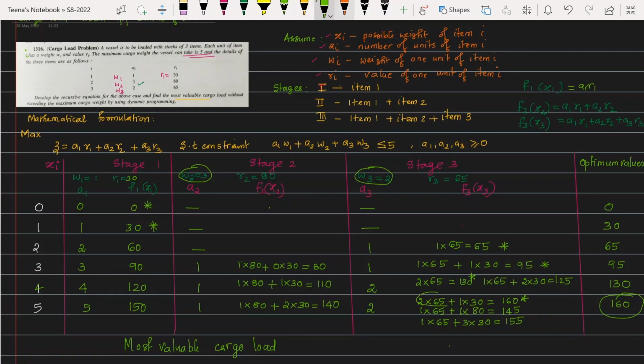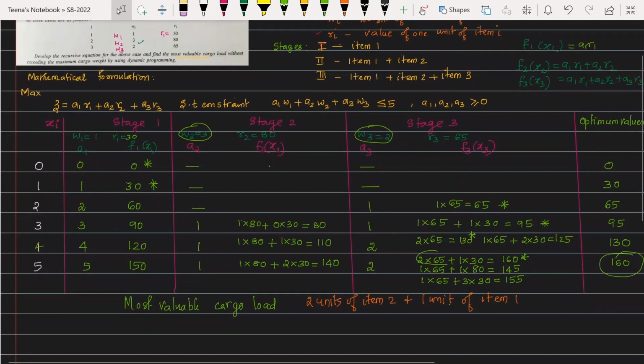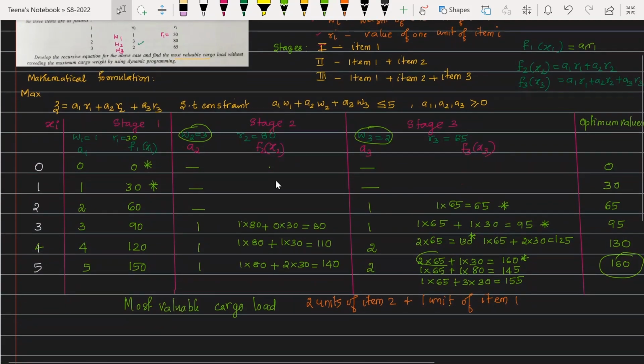So that means we need to consider 2 units of item 2 and 1 unit of item 1. So that's the most valuable load. So let me write it as x1 optimal equal to 1.